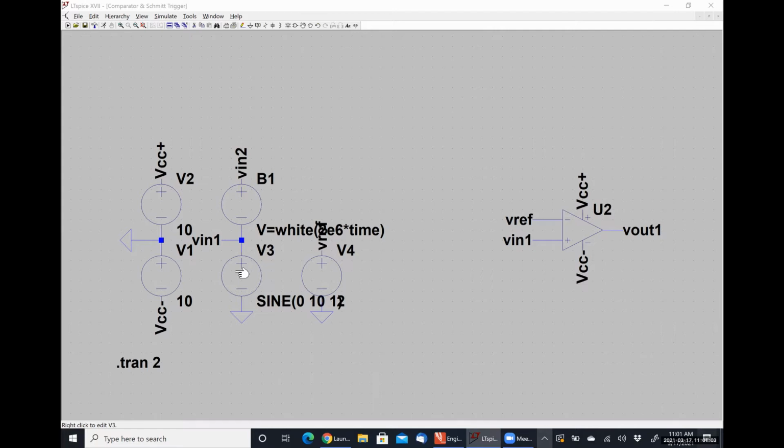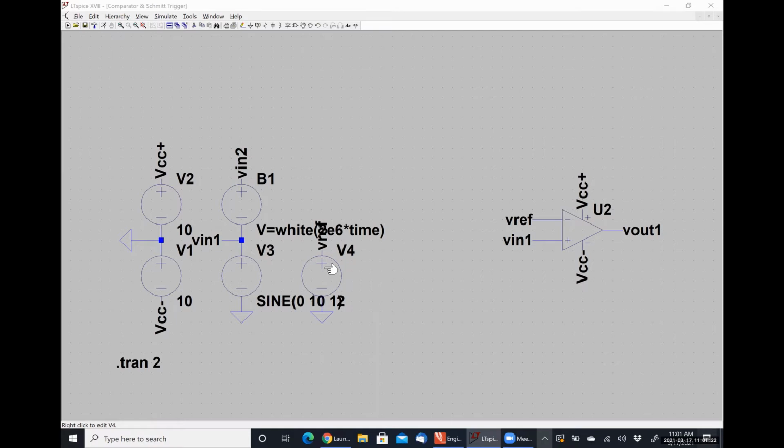Over here, I have my input signal, and then I also have included a noise signal. That's just to demonstrate something. And then finally, this fifth voltage source is a reference voltage, which you can't see, but it's giving 2 volts.